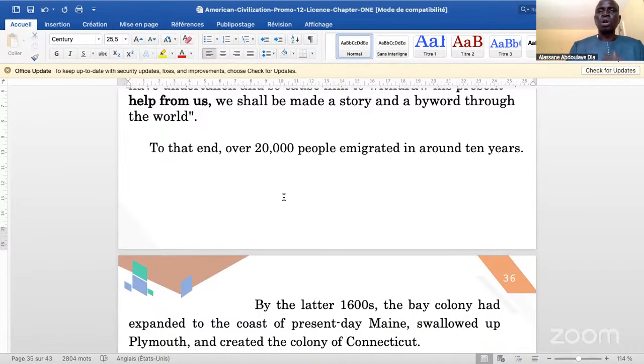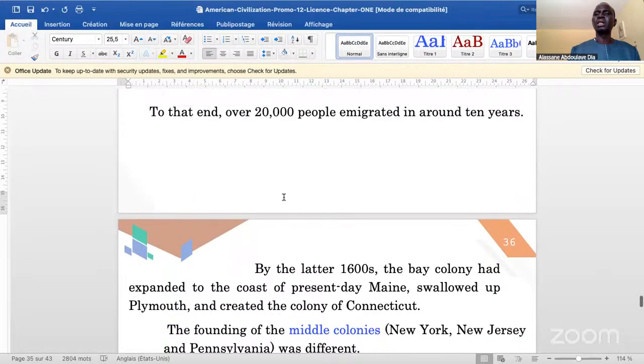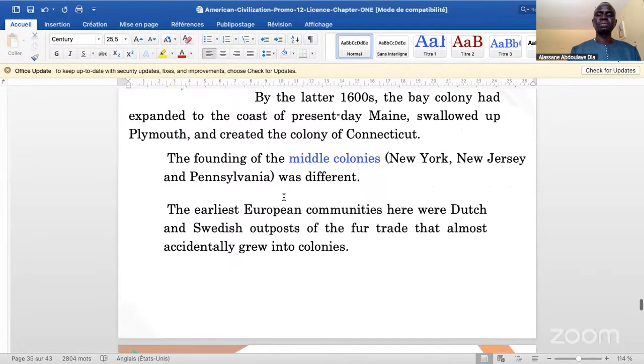In simple words. Excuse me, I'm not a good speaker. So for this purpose, you see how it impacted over 20,000 people emigrated in around 10 years. By the later 1600s, the Bay Colony had expanded to the coast of present-day Maine.